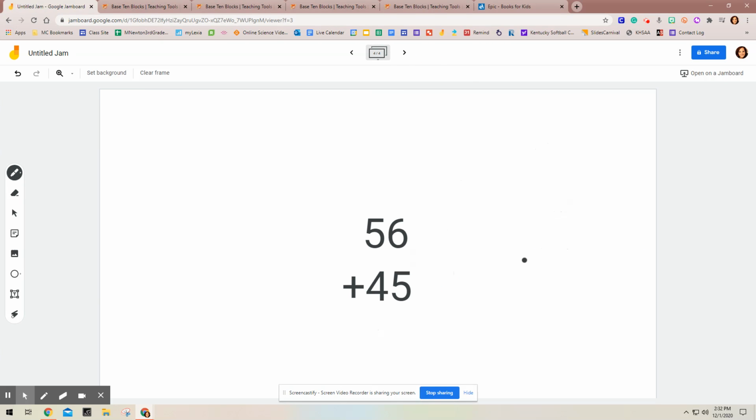Last example, 56 plus 45. I'm going to split my 10s and my 1s. Yes, we always start with the ones. 6 plus 5 gets me 11. 11 again is greater than 10. It doesn't belong in the ones.